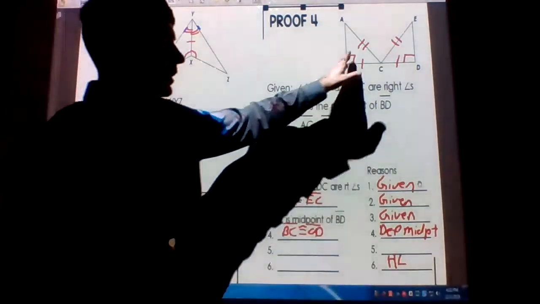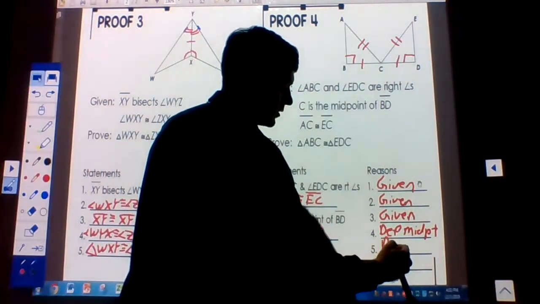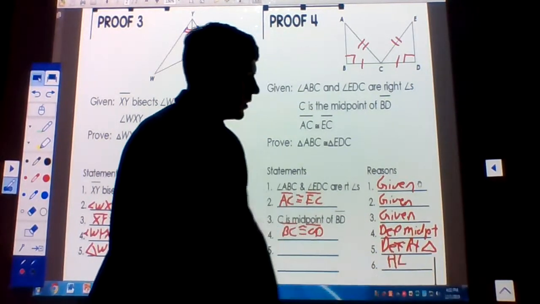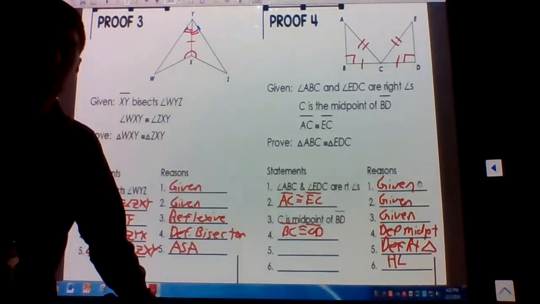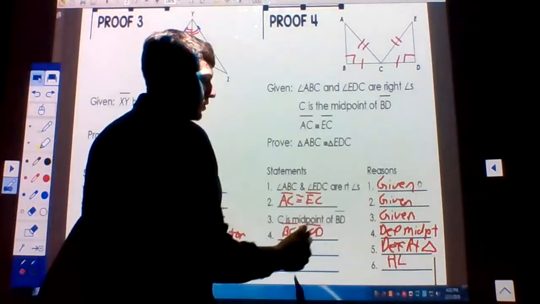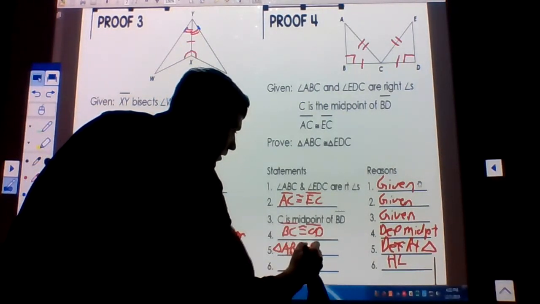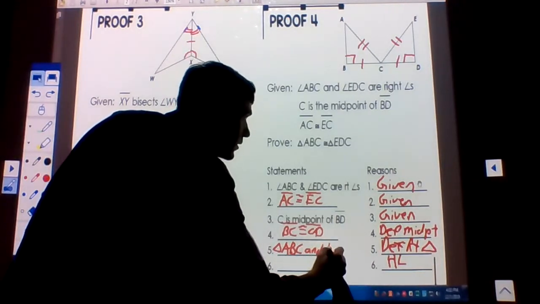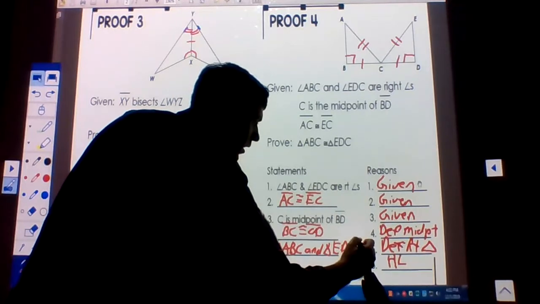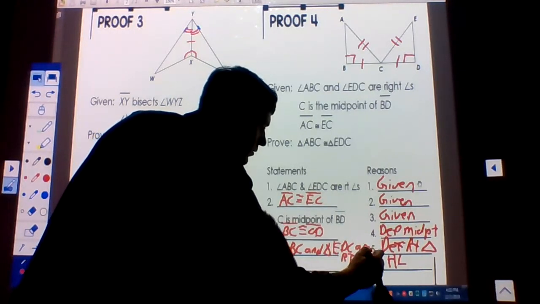But since we have right angles, we know these are right triangles, because the definition of a right triangle tells us that right triangles are triangles with right angles. So if we have a right angle, we know triangle ABC and triangle EDC are right triangles.